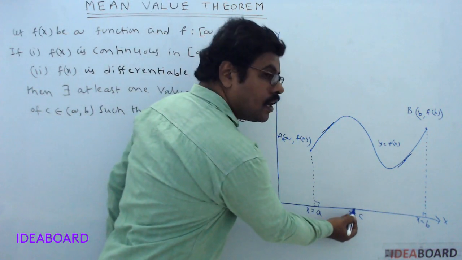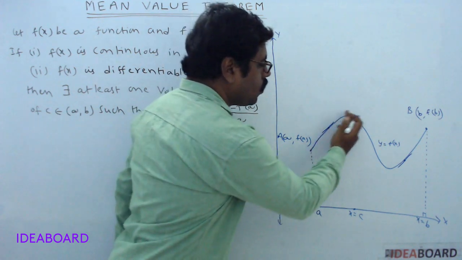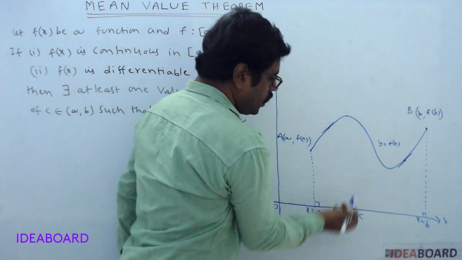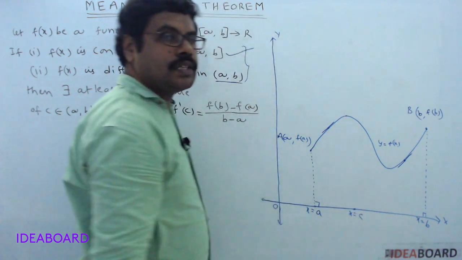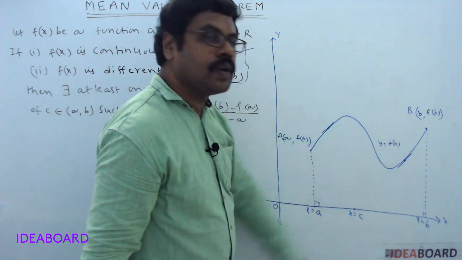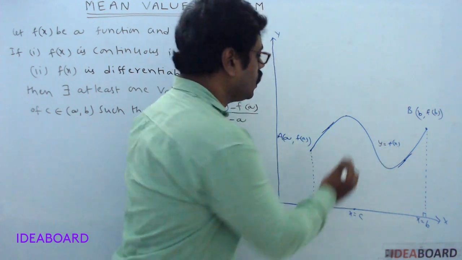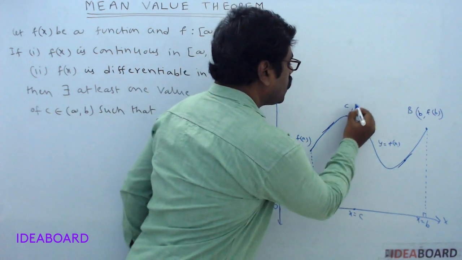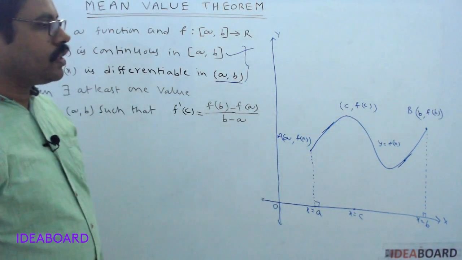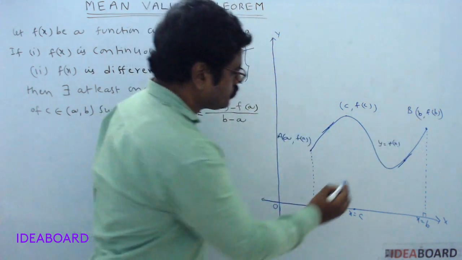Corresponding to this c, you can take a point on the graph y equals f(x). Now this is the point corresponding to x equals c. By substituting x equals c in this equation, you get y equals f(c). Now this point's coordinates are (c, f(c)). Next, join the points A and B.